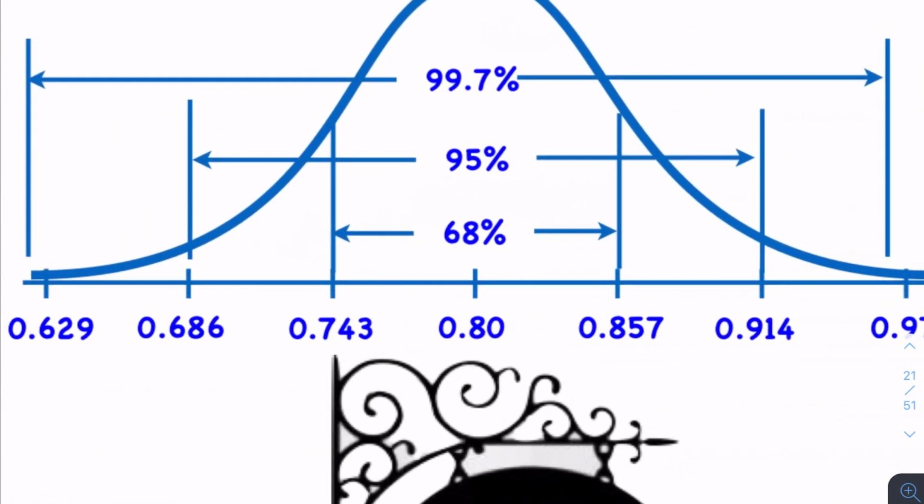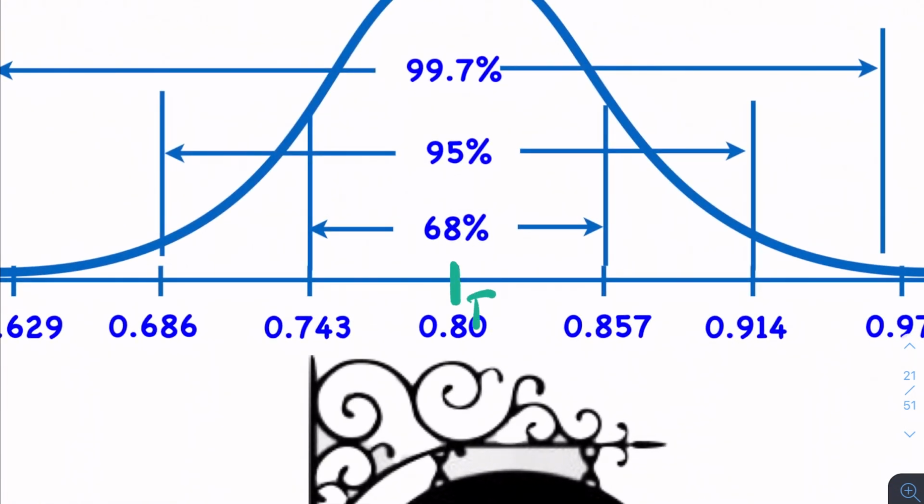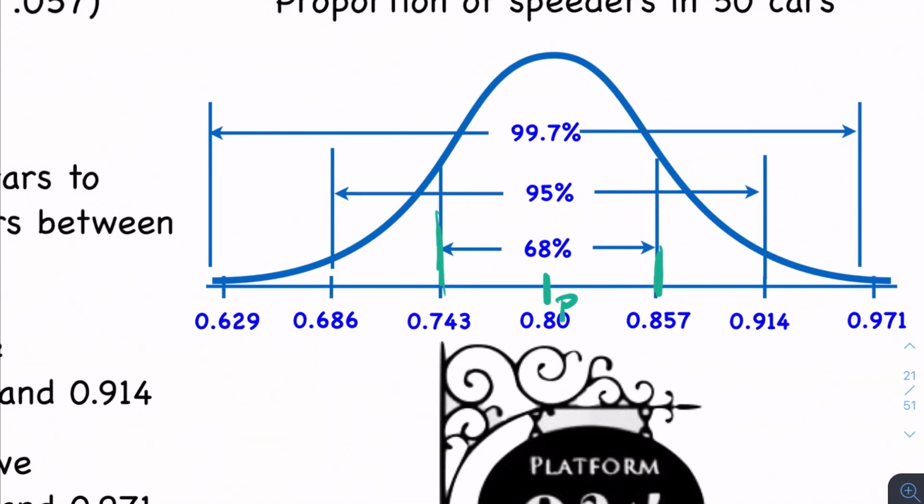So take a look at this. If our true population is centered at our true population proportion, then if we grab 50 cars, what does this first standard deviation mean? Well, 68% of our sample proportions will get these two values.